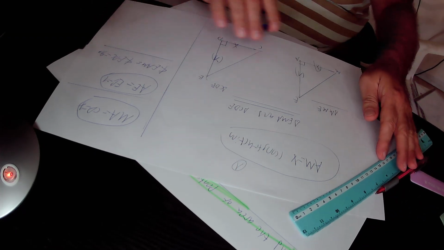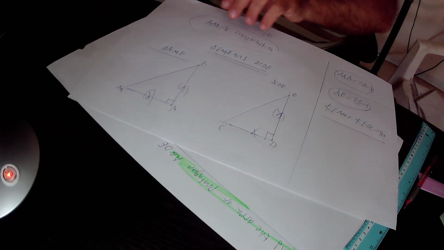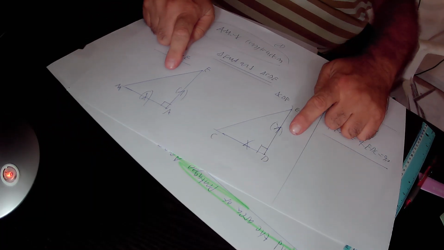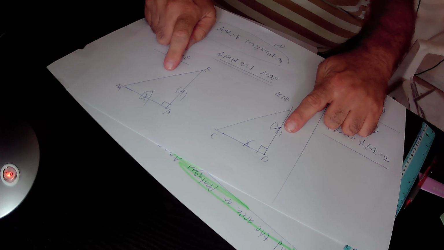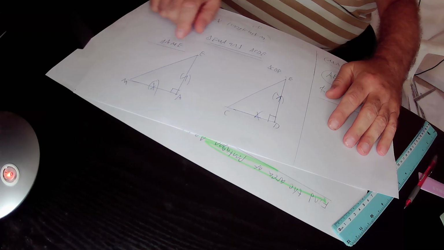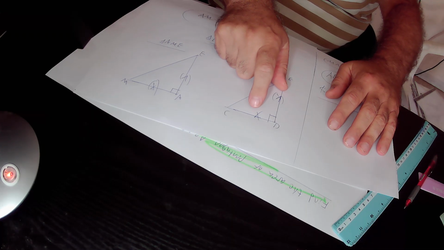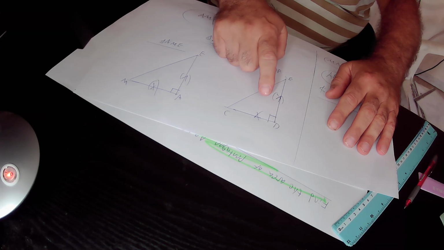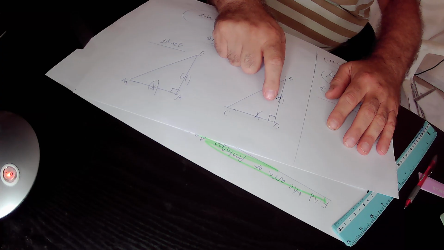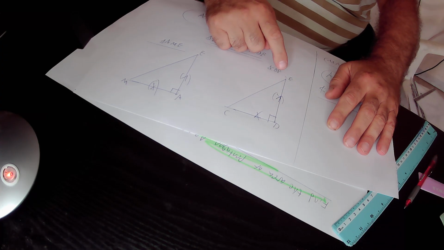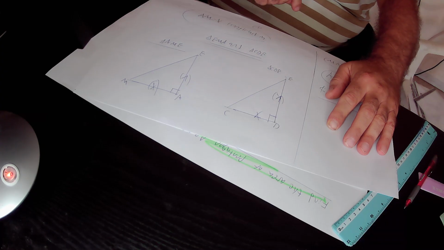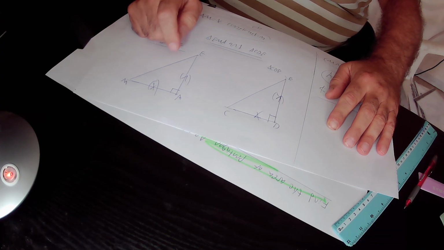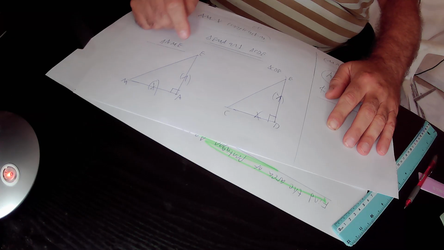So I can prove that those two right triangles are congruent to each other according to the side angle side rule. Those two sides and the angle included between them in the right triangle ECD are correspondingly equal to those two sides and the included angle in the right triangle EMA.